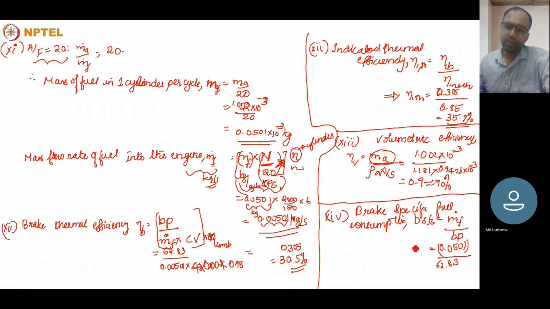If you want to calculate the value in terms of kilogram per kilowatt hour, we need to multiply the numerator by 3600.